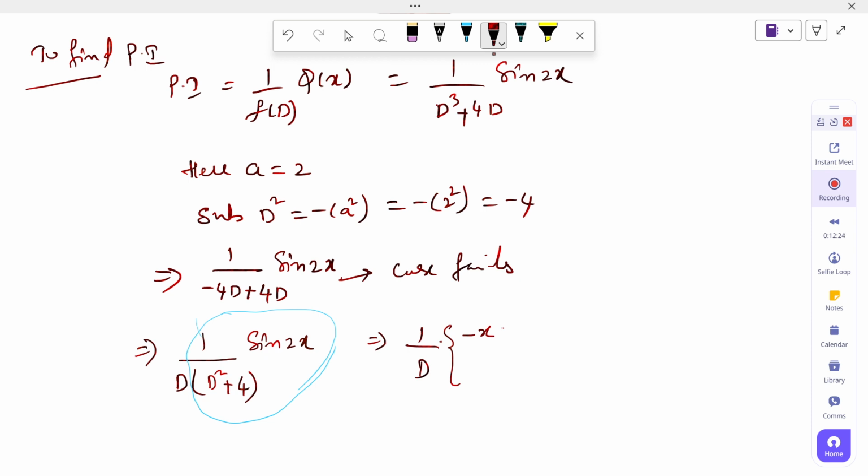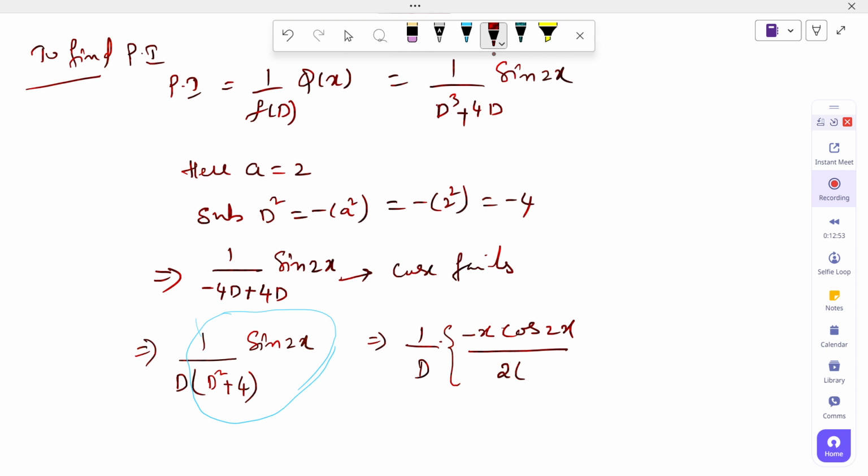The case fail. What I have given? Minus x cos I have given. The denominator is also there. So you can write that as minus x by 2a into cos ax, which is x cos 2x divided by 2 into what is your 2a.